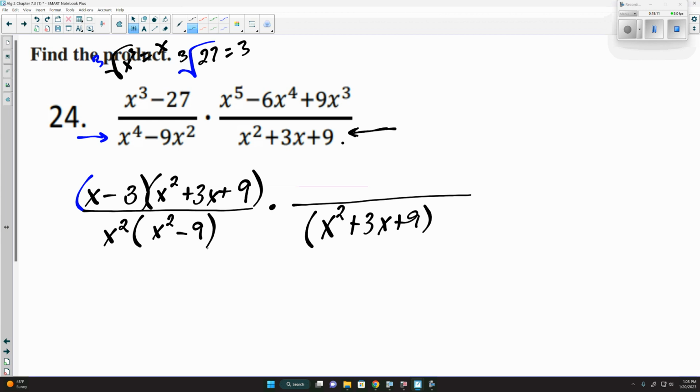The numerator, x to the fifth minus 6x to the fourth plus 9x cubed, has a greatest common factor of x cubed. x squared is a common factor, but it's not the greatest.